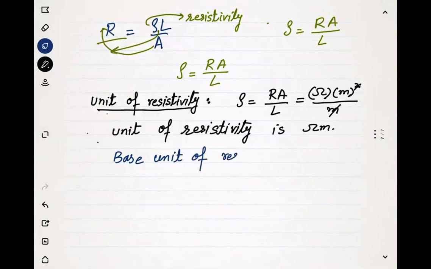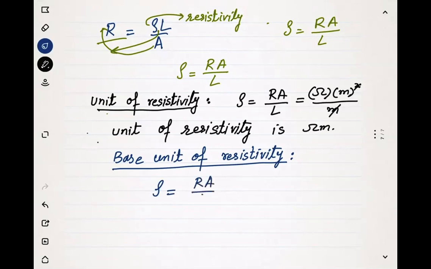Now if we try to find the base unit of resistivity, we should substitute all the base units. Resistivity is R into A over L. R would become kilogram meter square second minus 3 ampere minus 2.